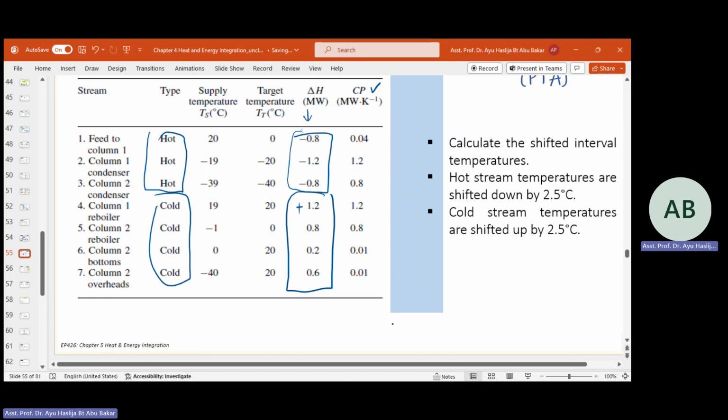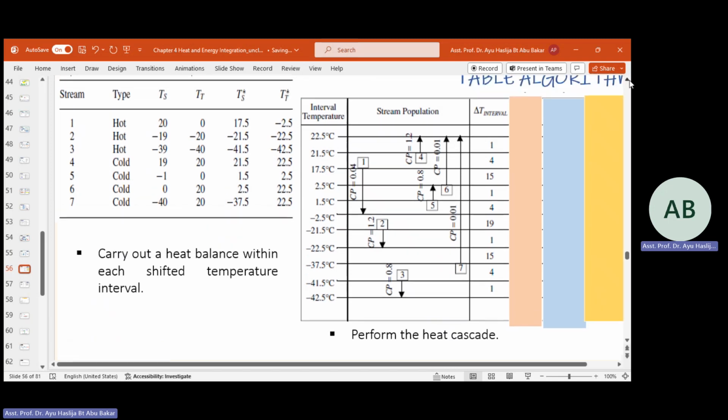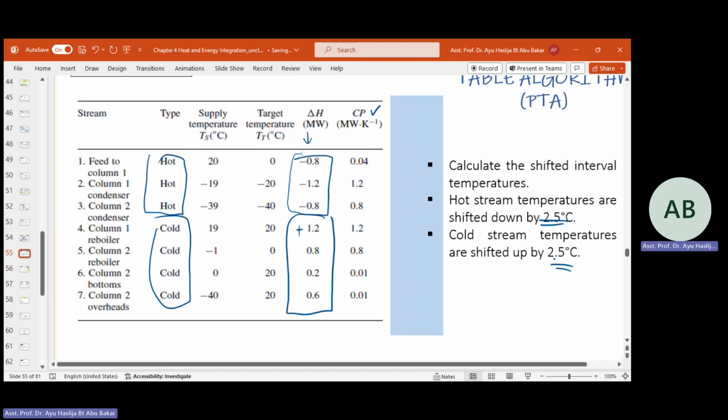Now, the shifted temperature shifts down by 2.5. Why 2.5? Why do you need to shift by 2.5, not 5? Delta T min divided by 2, which your delta T min is 5, divided by 2. So that's why you need to shift by 2.5.